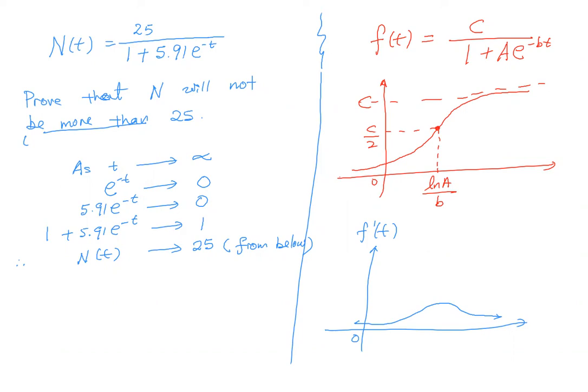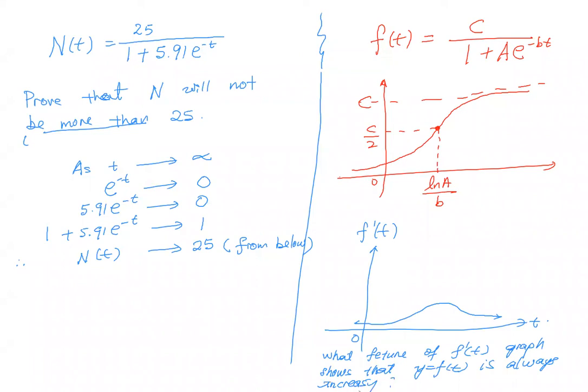I can ask you what feature of f prime t graph shows that f(t) is always increasing? How can you describe?